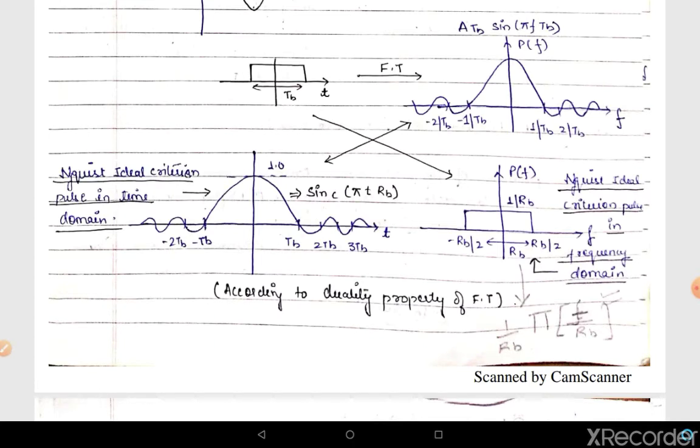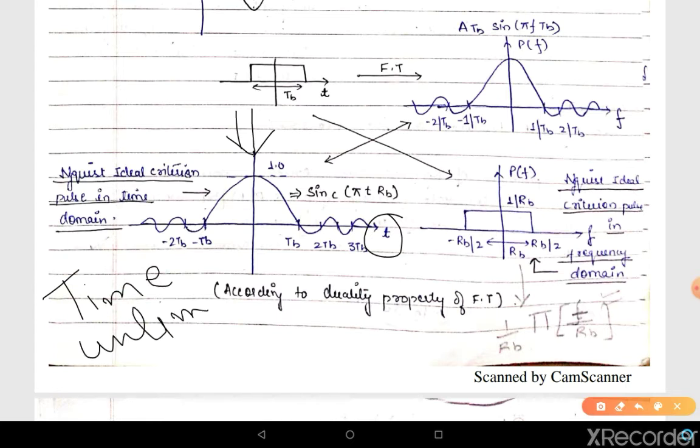But the problem is, what I am getting is a sinc function in the time domain, and this particular pulse in the time domain is basically a time unlimited pulse.